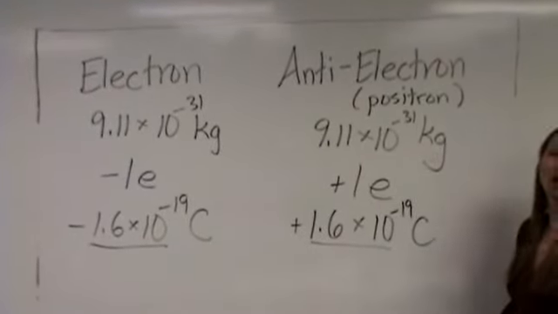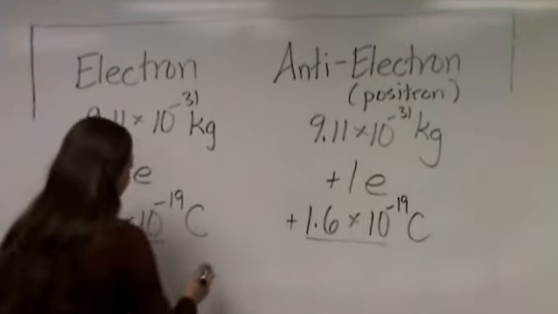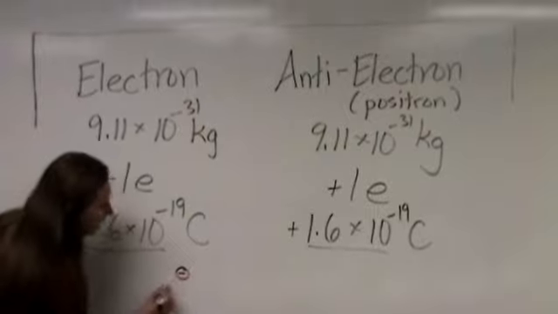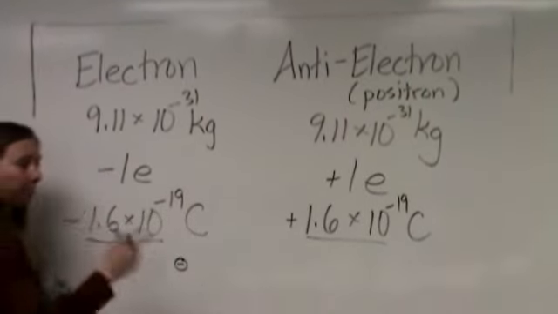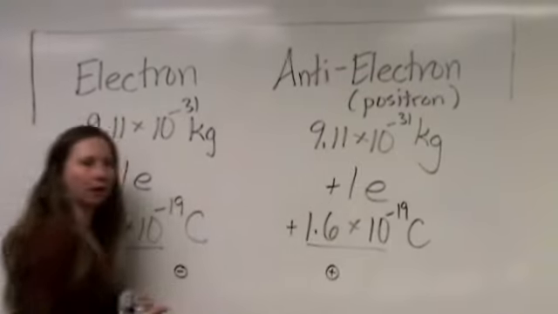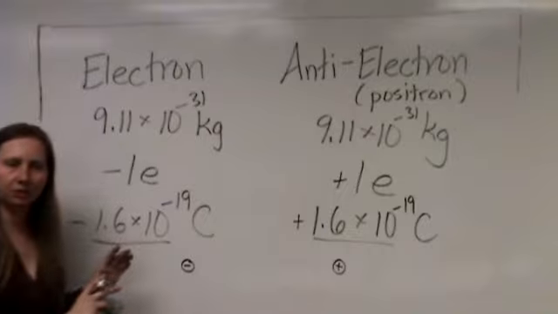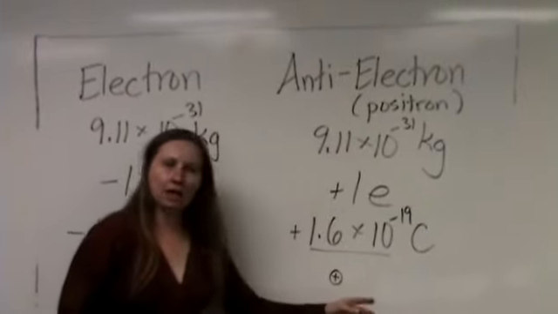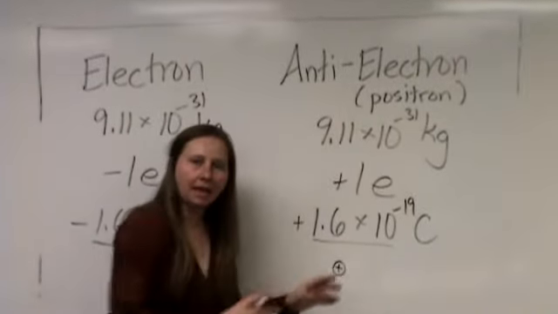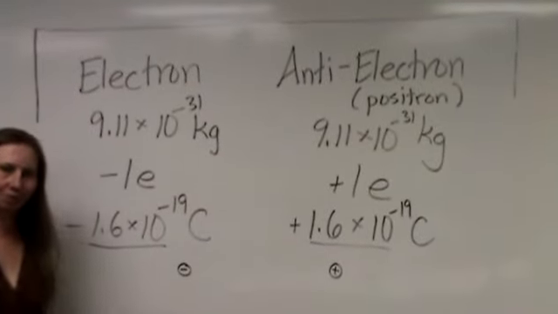Now, let's draw a picture of an electron. He's a tiny little negative guy. And a picture of a positron, a tiny little positive guy. Now remember, we drew the proton as a big positive guy, and the antiproton as a big negative guy. The electron and the anti-electron are little guys.